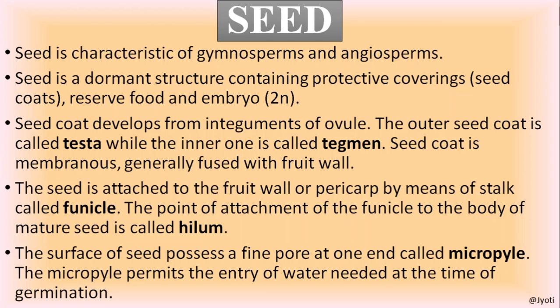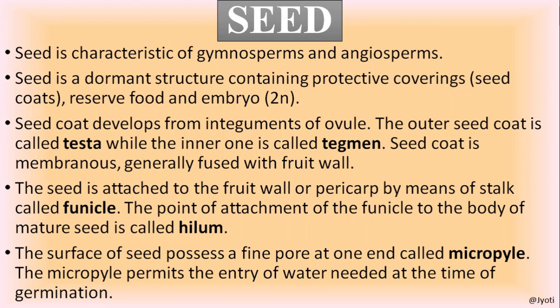While discussing the life cycle of angiosperm, I told you that when the male gamete and the egg fuse, they form the zygote, then the zygote develops into the embryo. Now this embryo remains well protected inside the seed. What is the favorable condition for the seed?